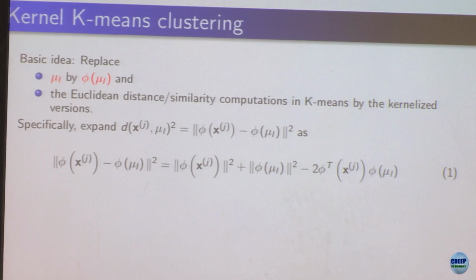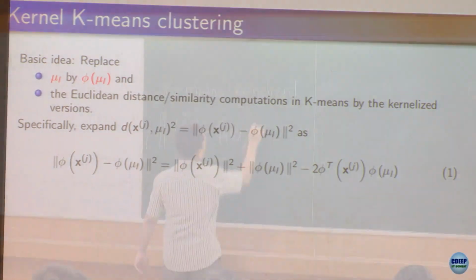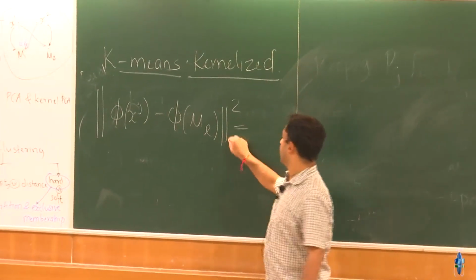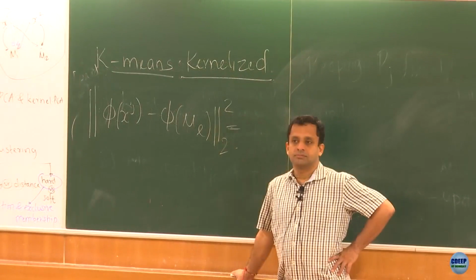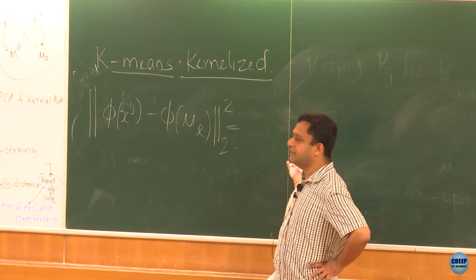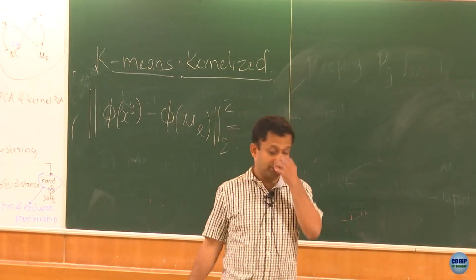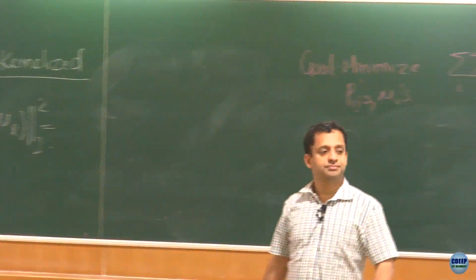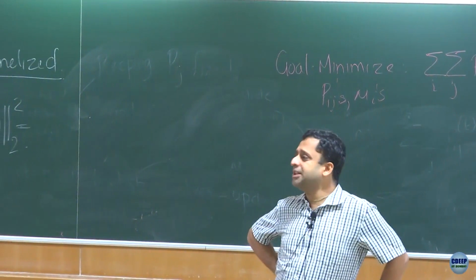Okay, and our key observation is as follows. Let us write down phi of xj minus phi of mu l, the whole square. Expand this, and this is the 2 norm squared. Now, please help me write this down purely in terms of dot products. It is very straightforward.